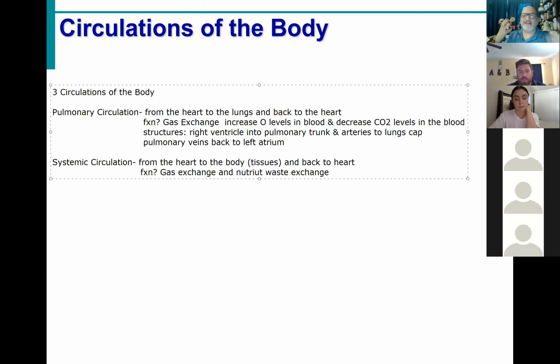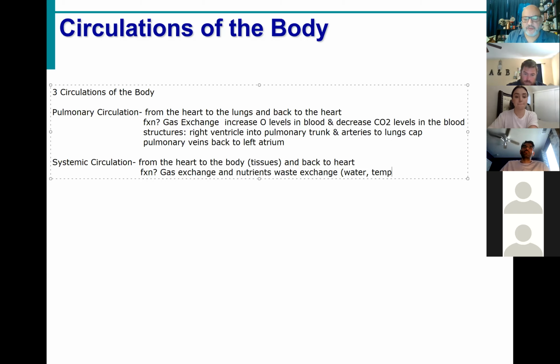Basically, exchange of materials. Does it also keep the body warm, temperature regulation? Sure, but this is also water, temperature, all those other things we talked about being transported, chemical signals. All those things that need to get to the tissue.